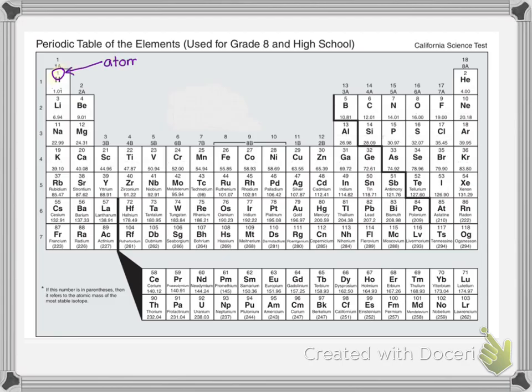We're going to talk more about the periodic table in the next chapter. But the periodic table is organized in order of atomic numbers. So see, they're whole numbers here. And no two elements have the same number, right? There's only one symbol in each box, and each box has its own atomic number. And that atomic number equals the number of protons.